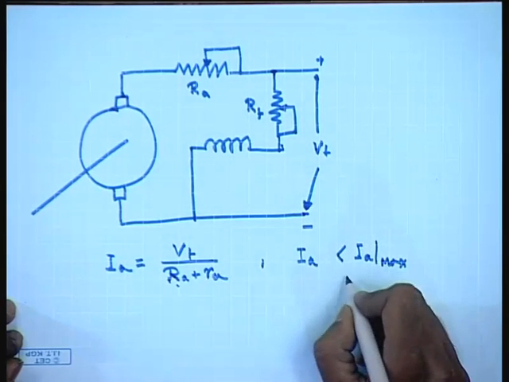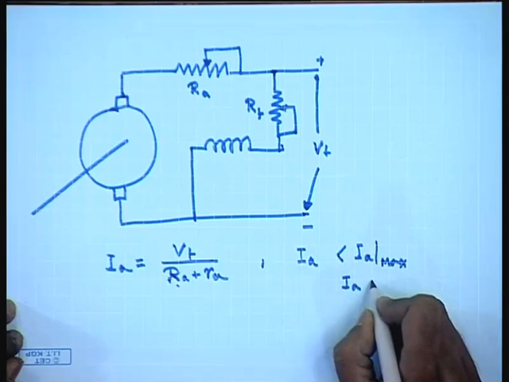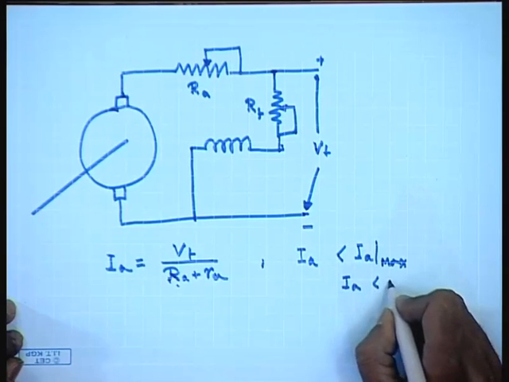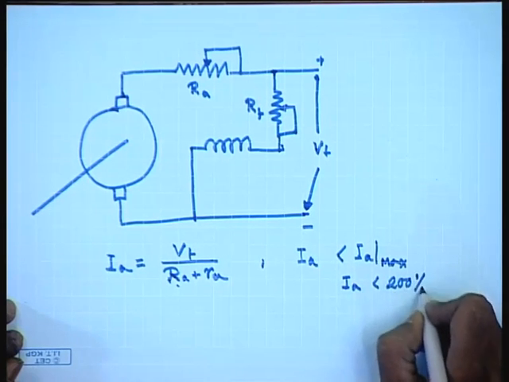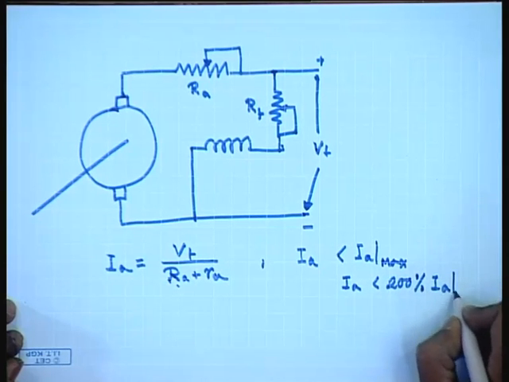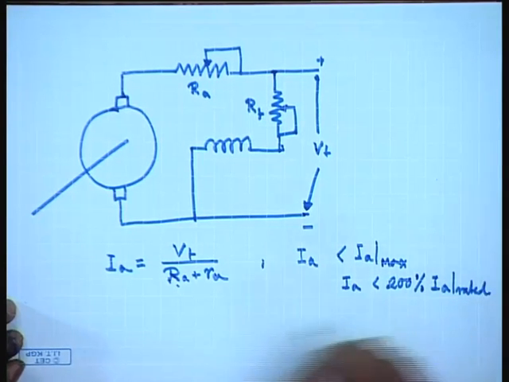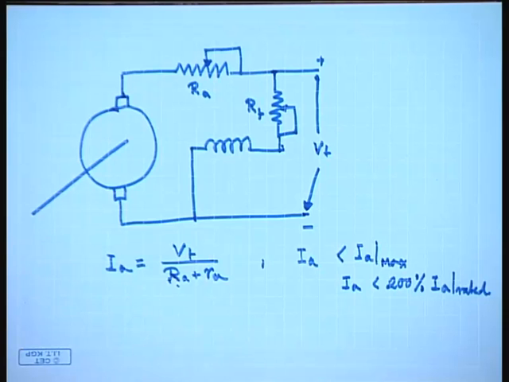Generally, Ia max will not be less than 200% of rated Ia. Much larger Ia is usually not acceptable, particularly for a DC machine, because as we know a DC machine contains a commutator and brush arrangement, where there is continuous making and breaking of the circuit.